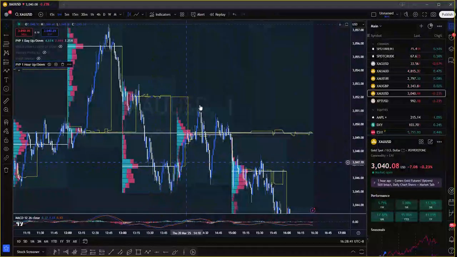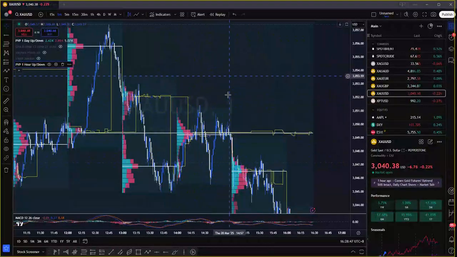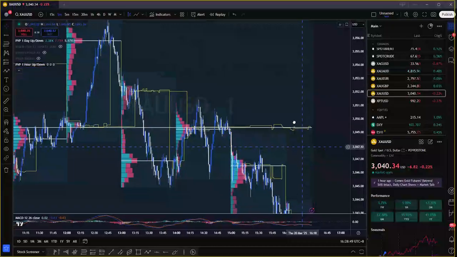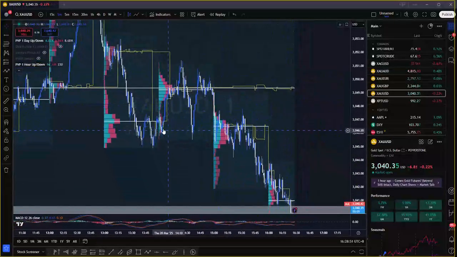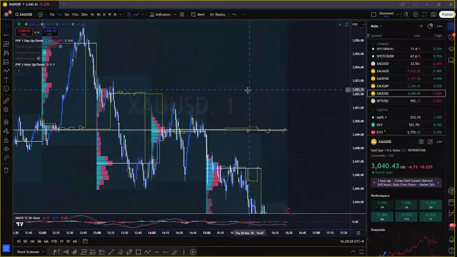Okay, buyers came in here, did not create a higher high, means that this group of buyers are weak. They did not get any more buyers. Sellers continue to sell. And when it comes back down to this baseline, you know that the price is not going to get back up into this level.